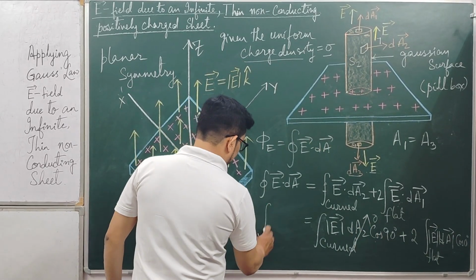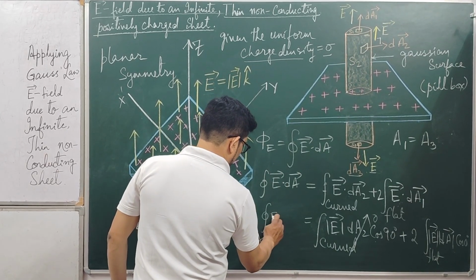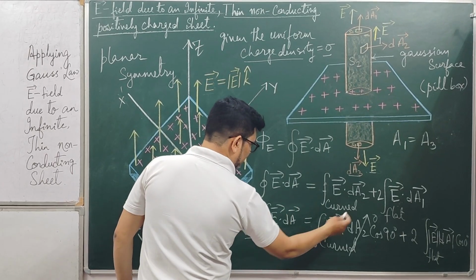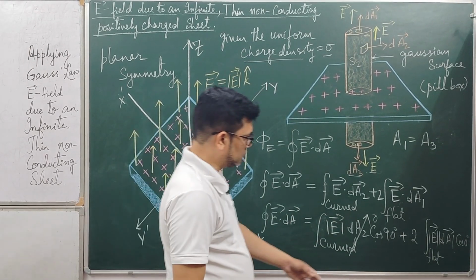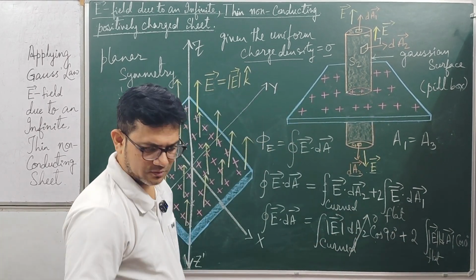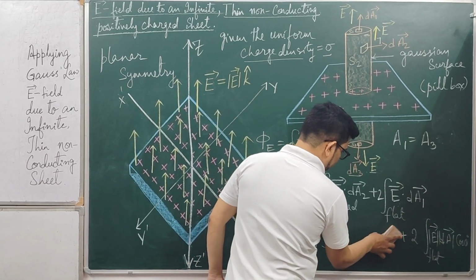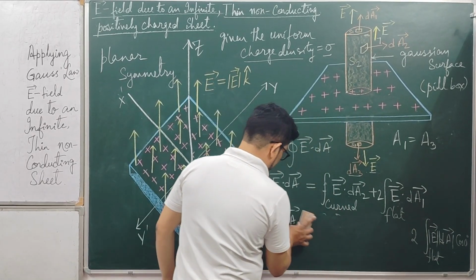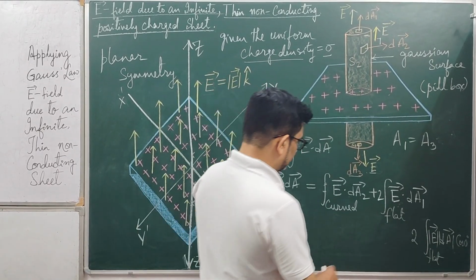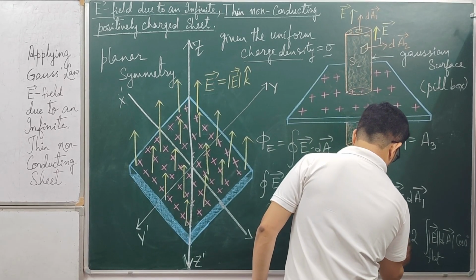So the net electric flux over the entire closed Gaussian surface, E dot dA, comes out to be just the contribution of these two flat surfaces that we have. So we can remove this for the curved and we'll write that this is the net electric flux.